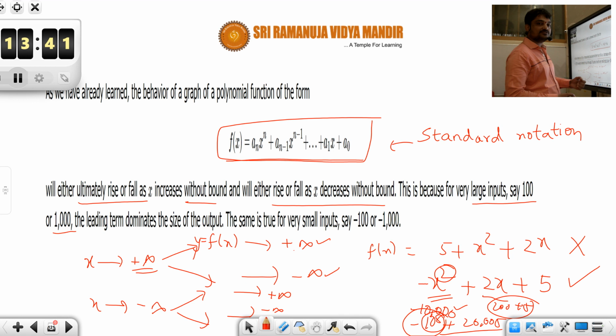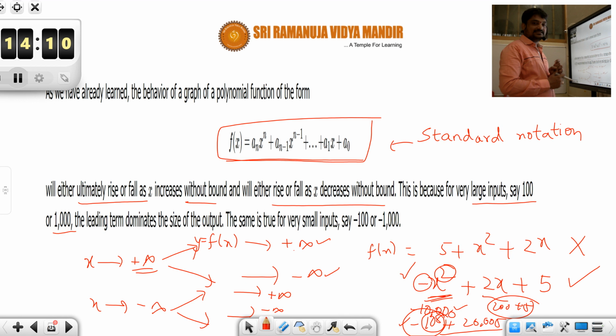The sign of the coefficient of the leading term, whether it is positive or negative, is going to determine the end behavior of any polynomial function. When you express the polynomial in standard notation, the polynomial is of degree n. When do you say this is a polynomial of degree n? When an is not equal to 0.